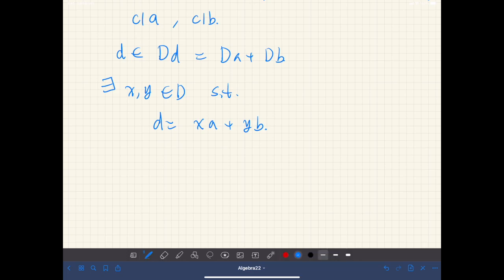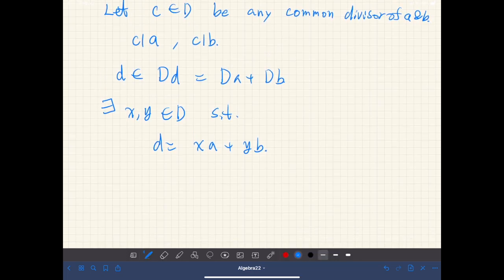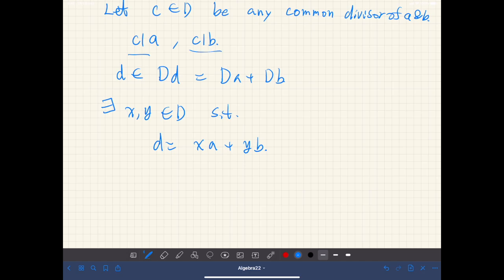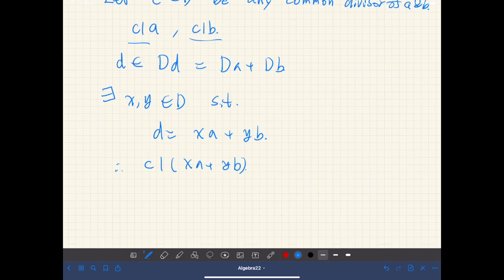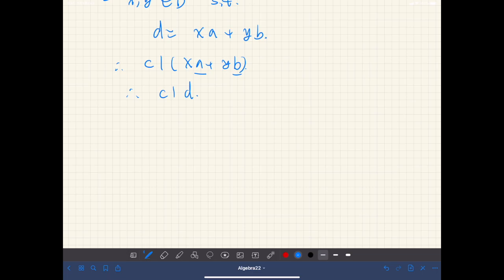But since c divides both a and b, c divides xa plus yb, because c divides this and this. Therefore c divides d. So any common divisor of a and b divides d, therefore d is the greatest common divisor. And we are done.